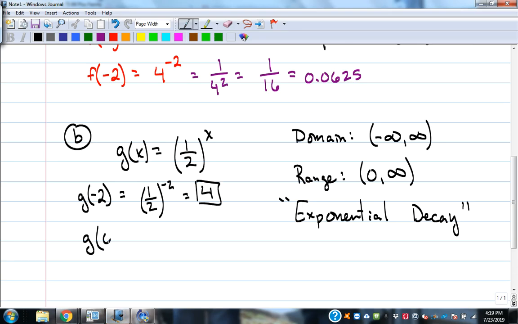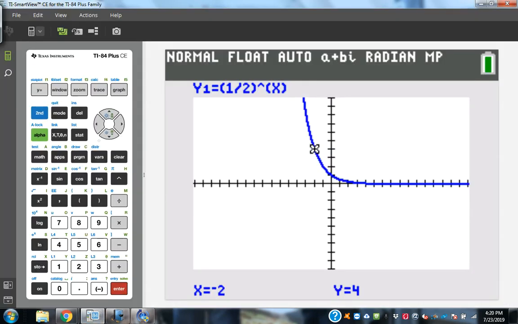If I did g of 0, that's 1/2 to the 0 power. I know the rule is anytime it's to the 0 power, the answer is 1. If I hit trace and then 0, I'd see that it crosses the y-axis at 1. So anytime you need the y-intercept, just type a 0 in for x, and it's going to tell you where it's crossing the y-axis.